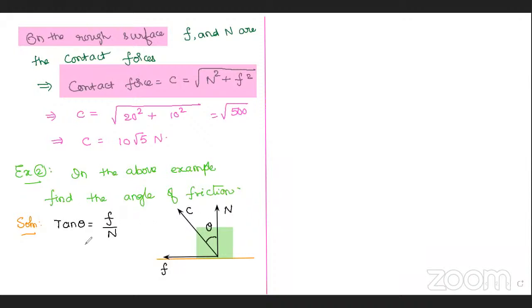That implies theta is equal to tan inverse F by N. Tan inverse F by N, with F 10 and N 20, means tan inverse 10 by 20. That implies theta is equal to tan inverse 1 by 2, that is 0.5.